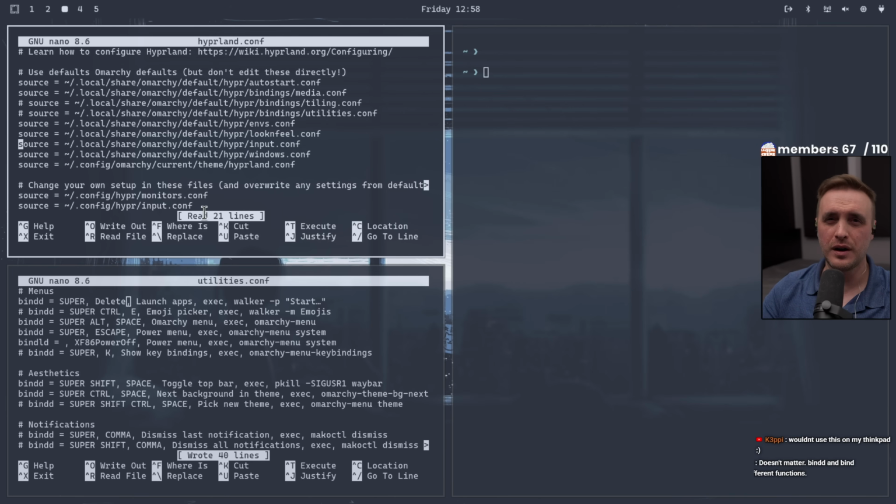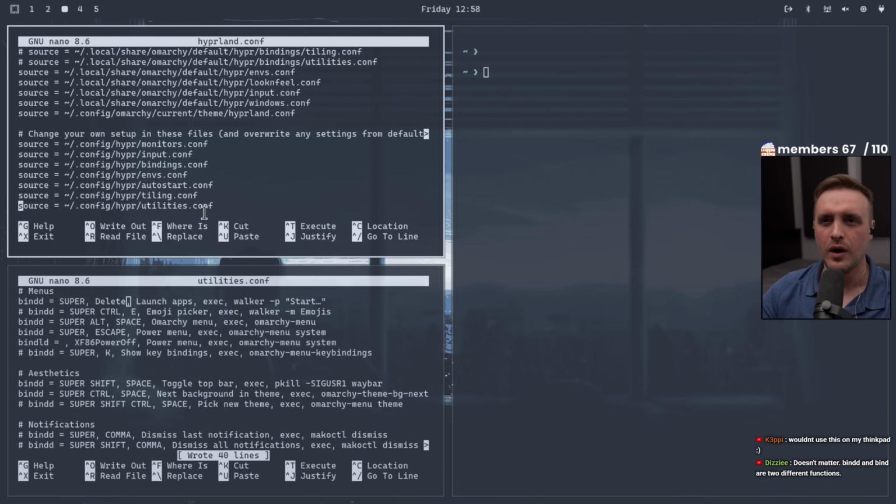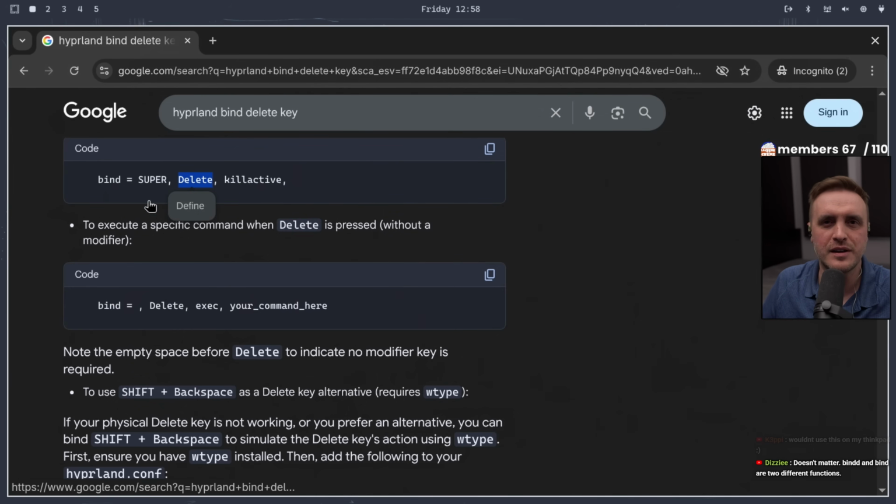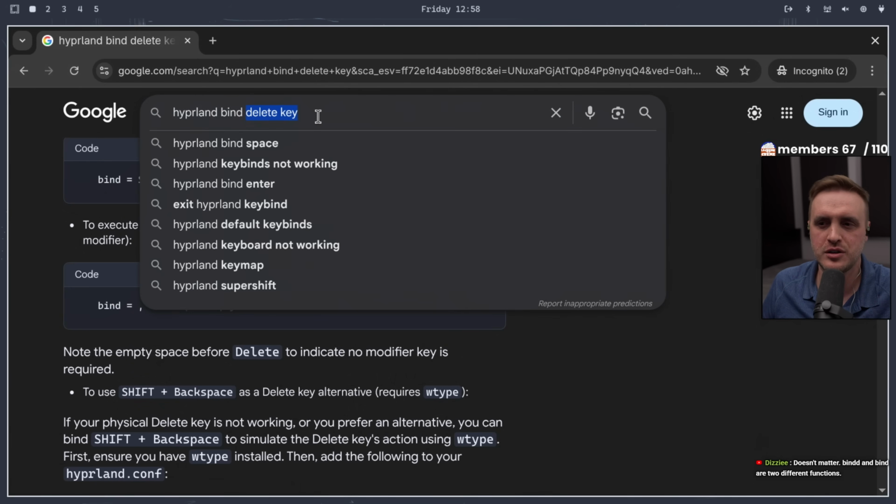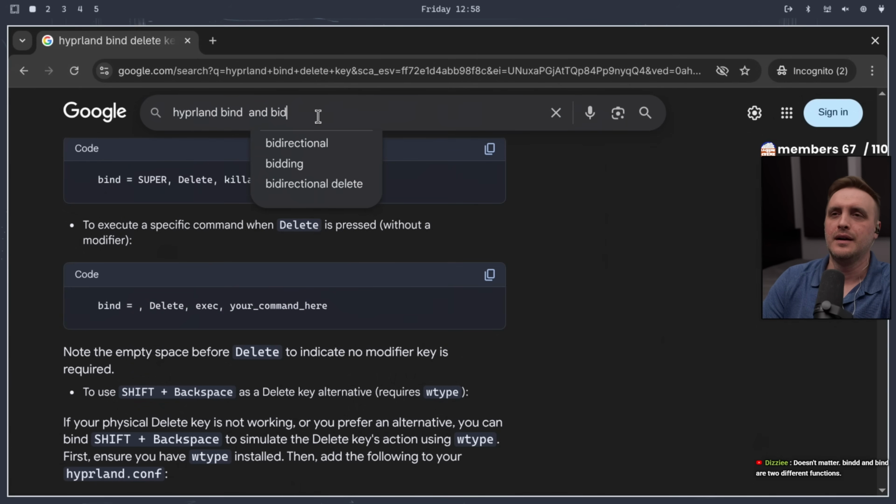So the first one is related to how it is kind of complicated to modify some stuff within Omarchy. If you dislike the frame and you want to remove some of the applications you don't need, there are some applications which are being pushed by DHH because these are the ones he uses.